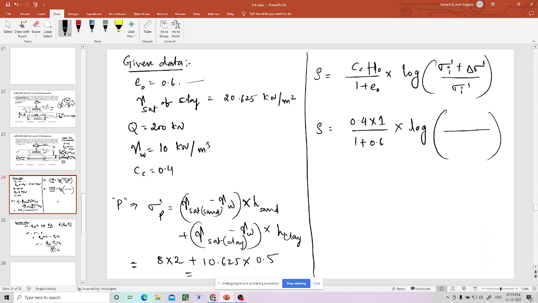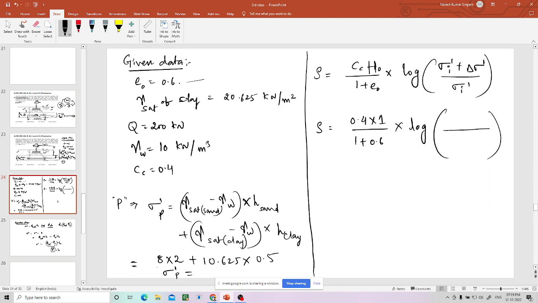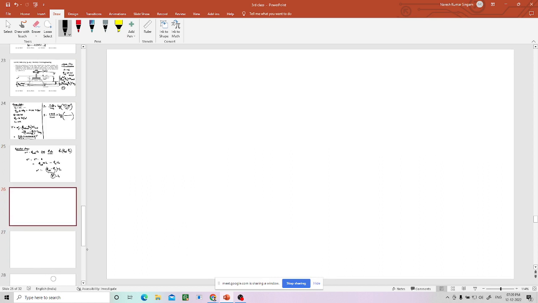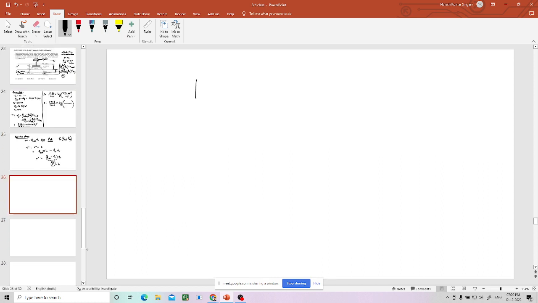Can you tell me what is this sigma dash P? Can you calculate and tell me? 21.3125.